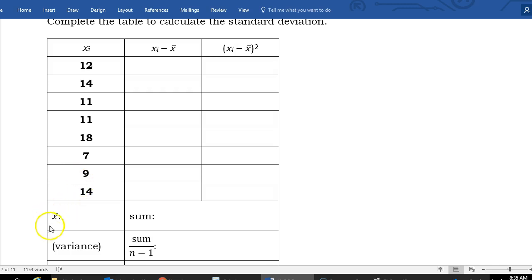We need the mean. This X bar symbol means mean. Now we talked about mean, I think the first section of this chapter. To get mean, we're just going to add them all up and then divide by how many numbers we have. 8 numbers.